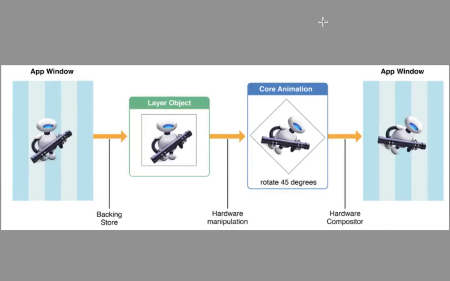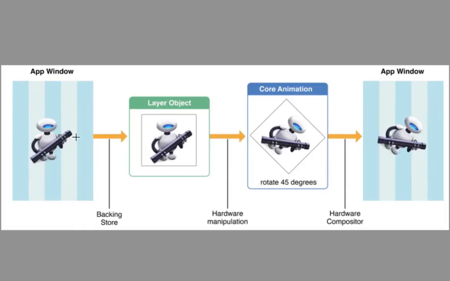If we look at our example here, again from Apple's documentation on core animation, we have our app window, which is represented by this stripe, and then we have a layer. The layer contains the image data of this little guy, which is actually the Automator icon.